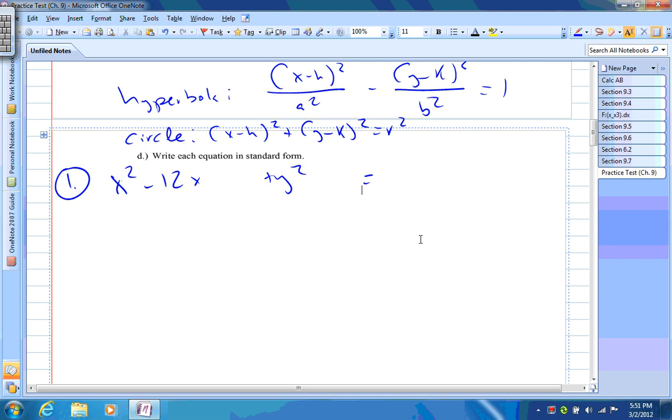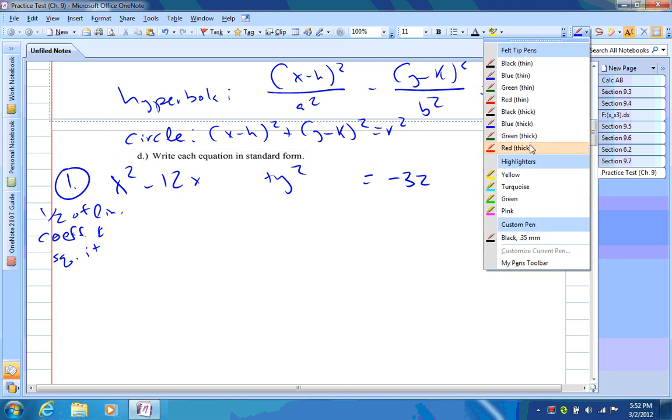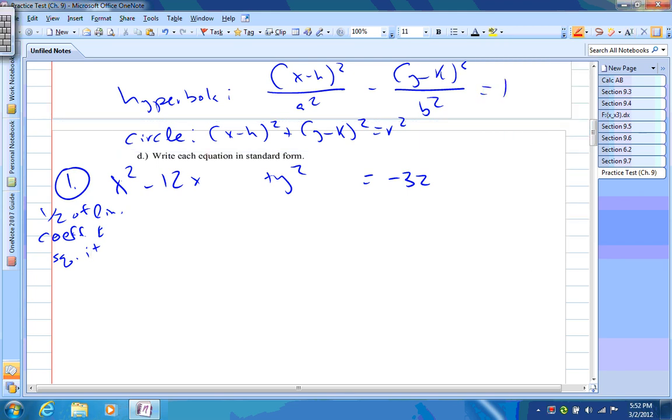Give it a little bit of space here. Now remember, you want to take half of the linear coefficient and square it. Half of negative 12 is negative 6. That squared is 36. It's going to have 36 that side.